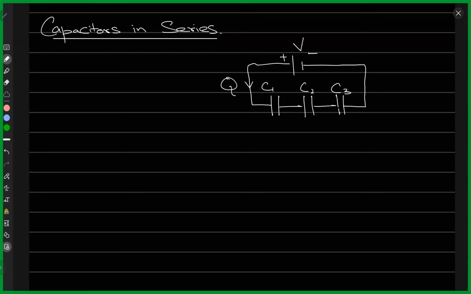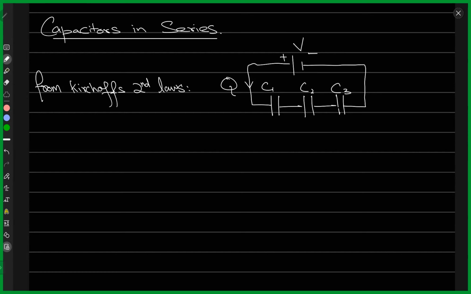Now we know that in a series arrangement, the potential difference does not behave as it does in the parallel arrangement. So in the series arrangement, I'll write Kirchhoff's second law over here. Kirchhoff's second law essentially states that the energy should be conserved.